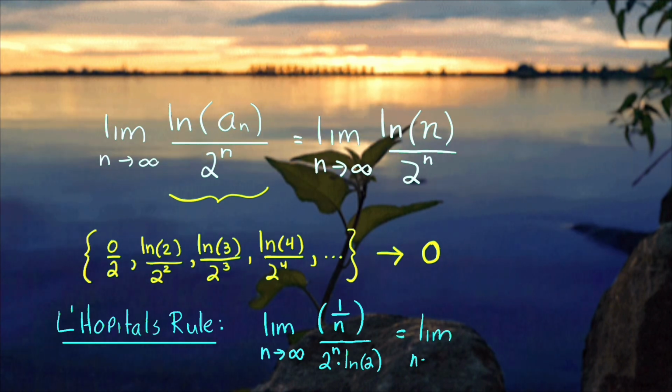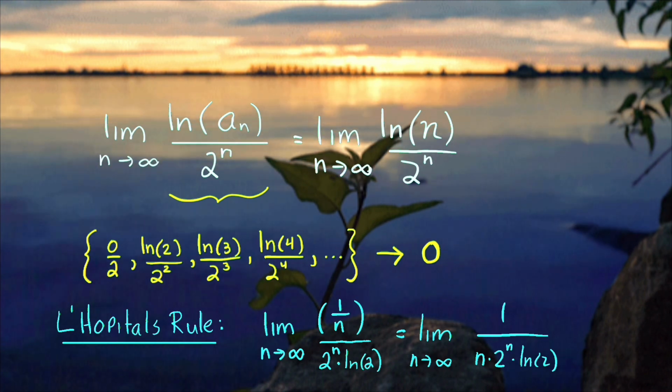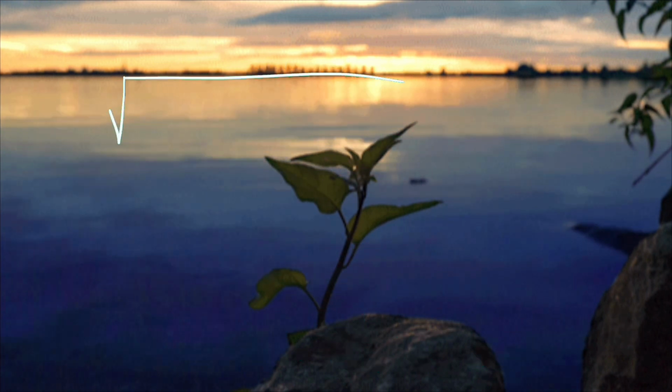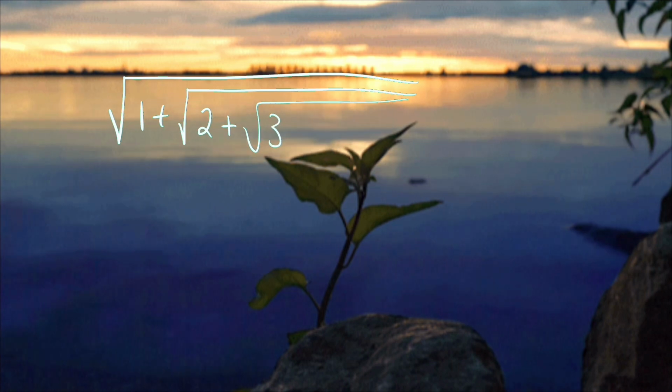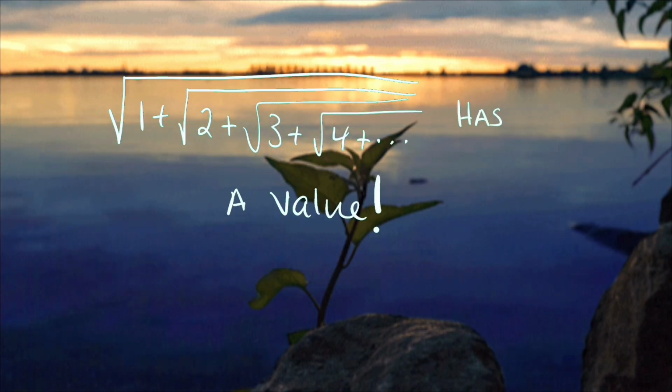That gives us the limit as n approaches infinity of 1 over n 2 to the n natural log of 2. And that will approach 0, which means the limit does exist. This particular continued radical has a limit. Can you figure it out?